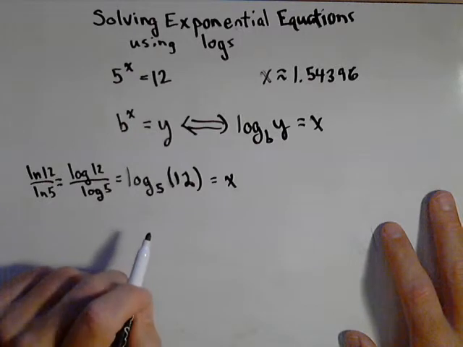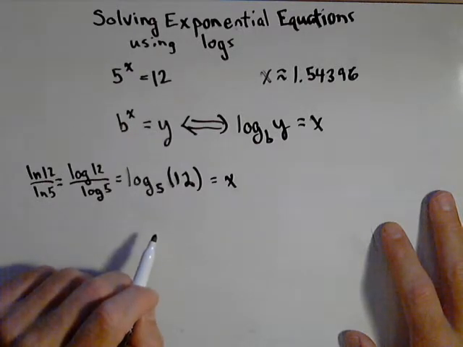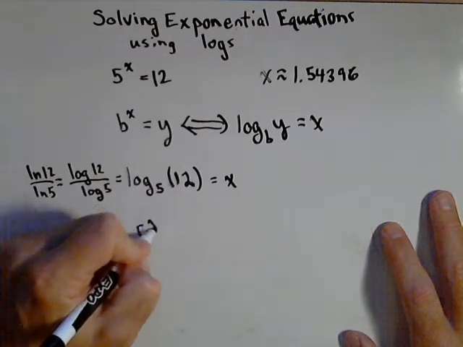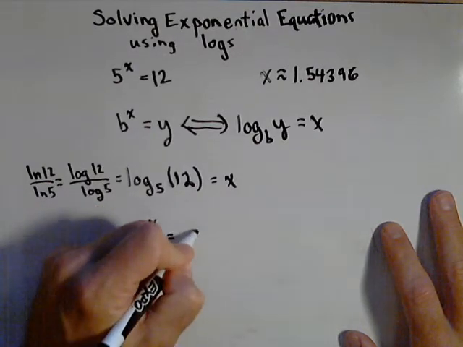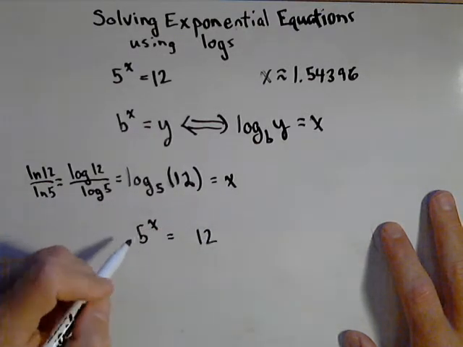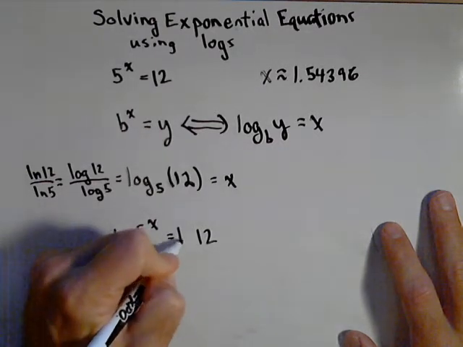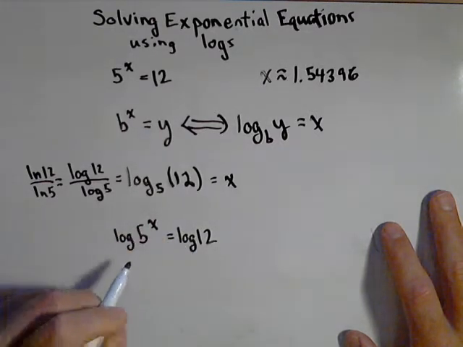Another way that's commonly taught is taking the log of both sides. So we have 5 to the x equals 12, and what we're going to do is take the log of both sides. Because logarithms are one-to-one, we can do this.